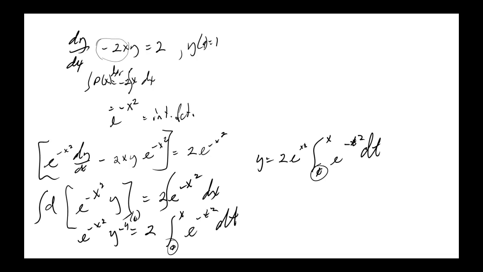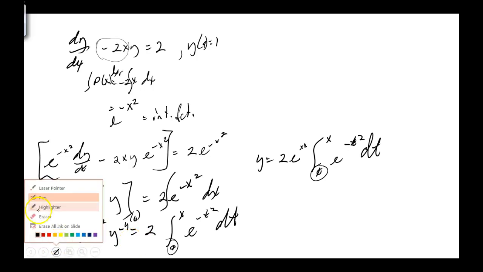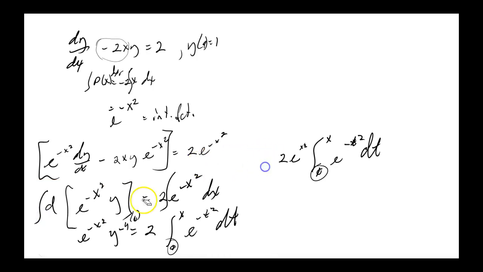So when you do that, and your y of 0 is equal to 1, so that's why here you would have had e to the minus x squared y minus 1 is equal to that.